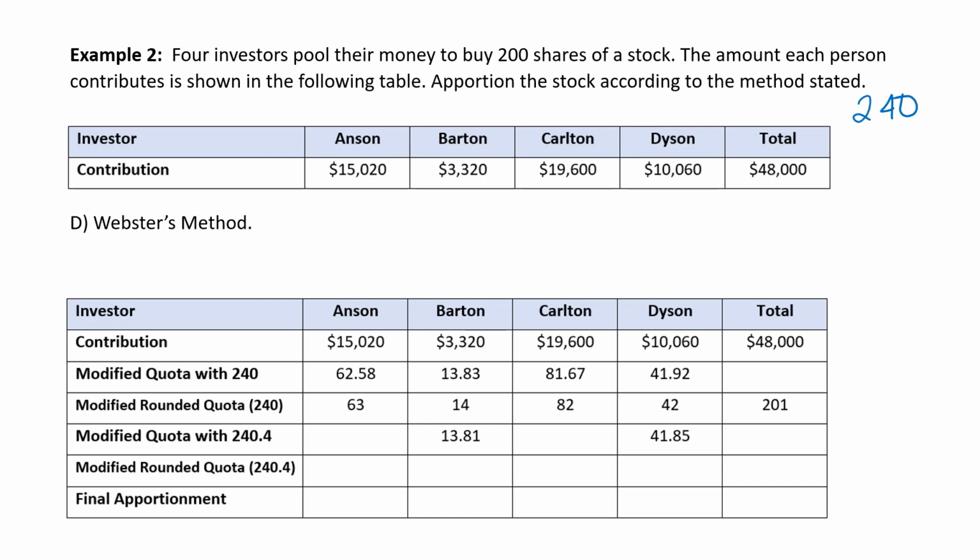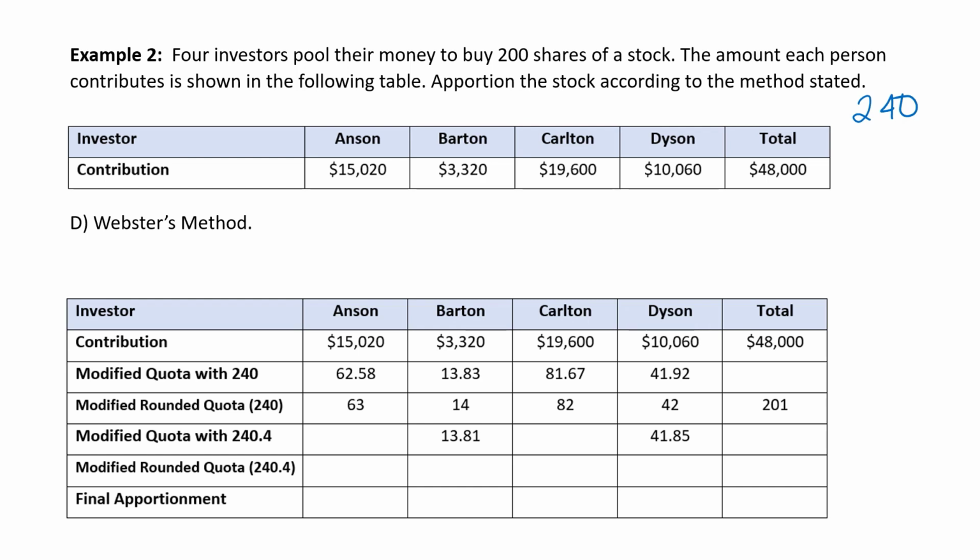Then we round conventionally. The 0.58 for Anson rounds the 62 up to 63. The 0.83 for Barton rounds the 13 up to 14. The 0.67 for Carlton rounds up the 81 to 82. Same thing happens for Dyson.